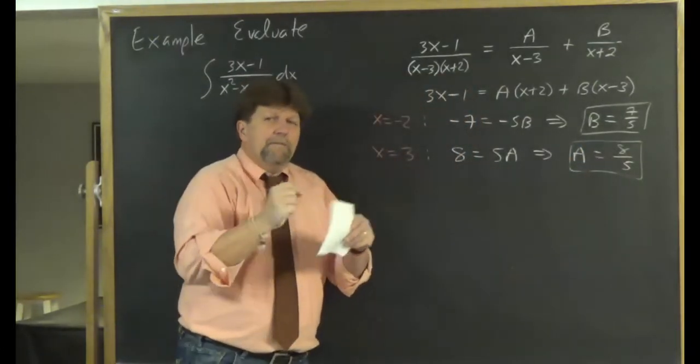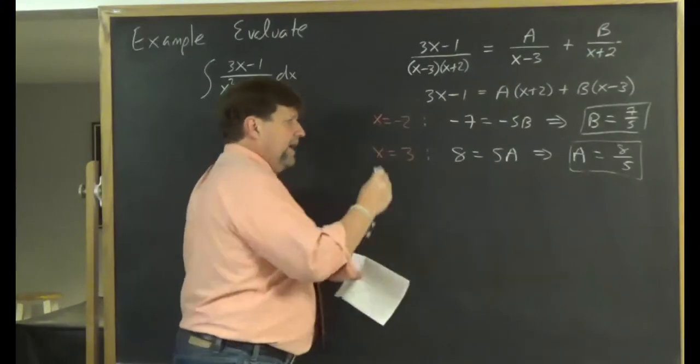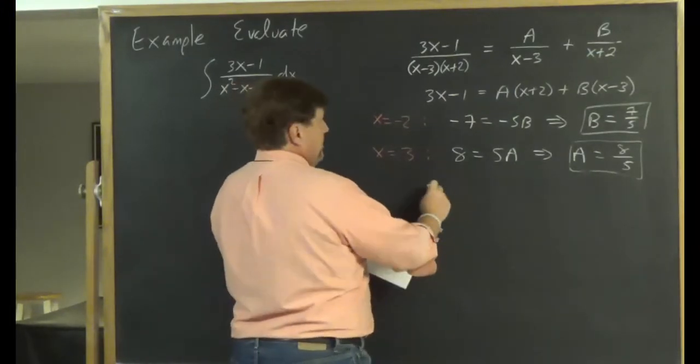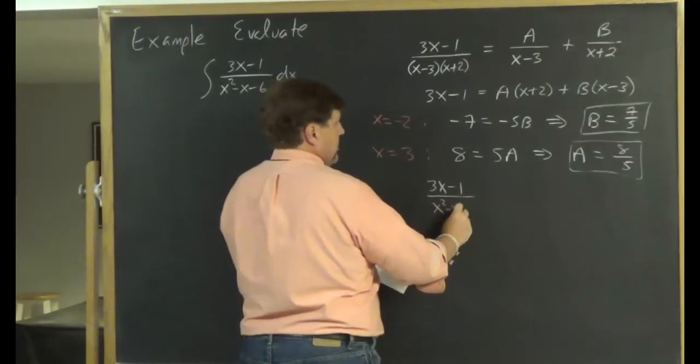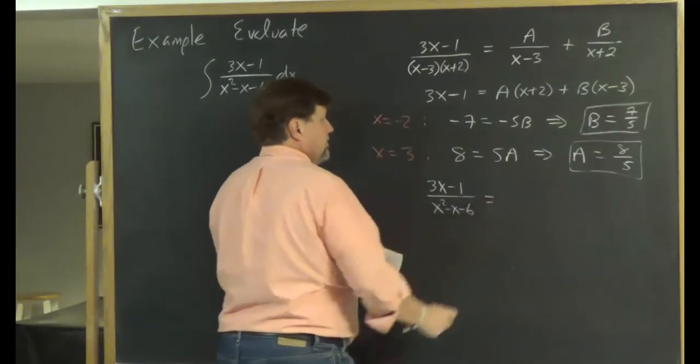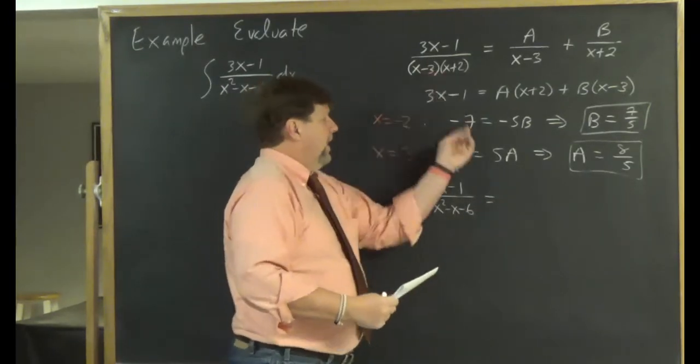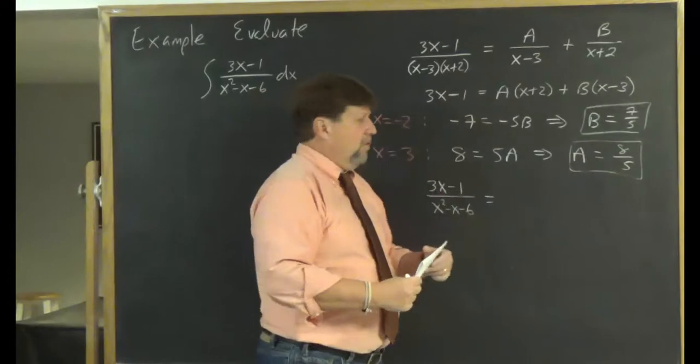So let me put this one step in right now, and I won't do this again. Here's where we're at. We said that our original integrand, we're trying to write it in this form.